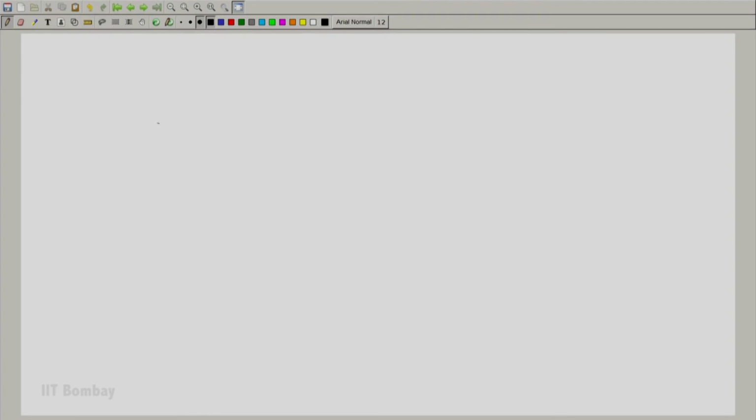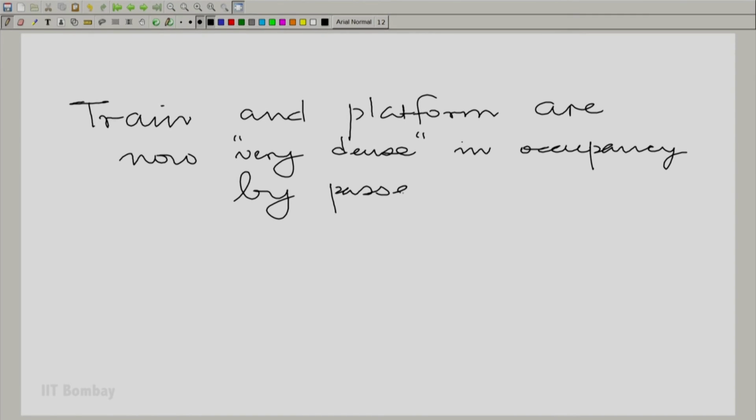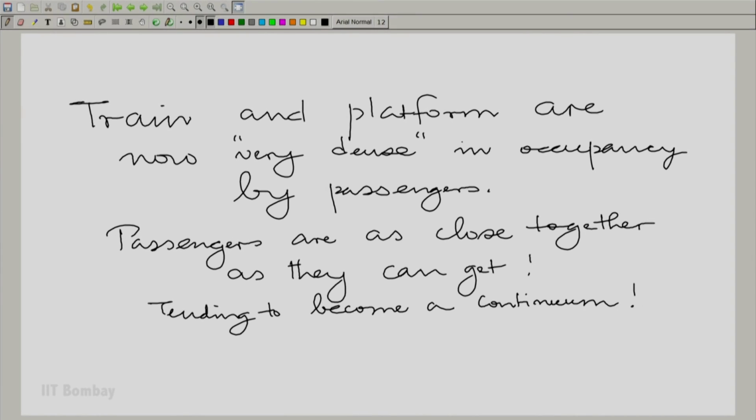So, we will set up the process. We will have to have a train and platform here too. The only change is that the train and platform are now very dense in passengers, occupancy by passengers. Passengers are as close together as they can get, tending to touch one another, tending to become a continuum.